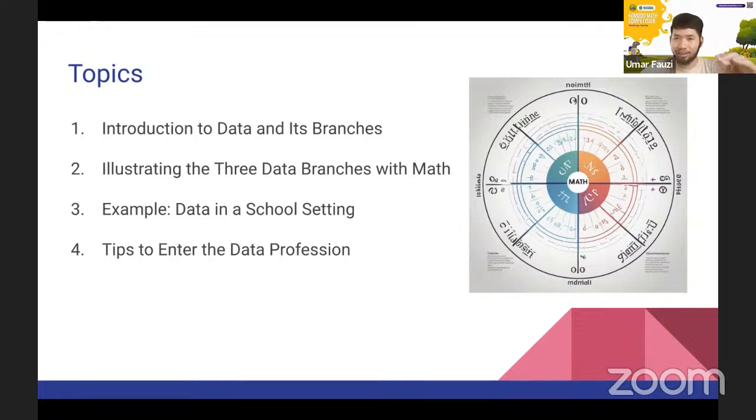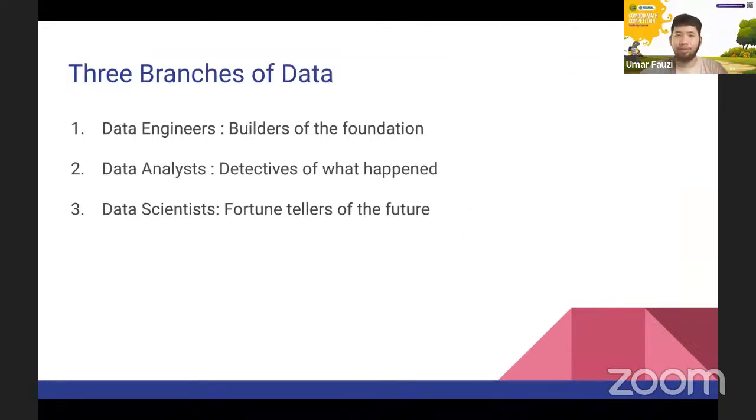Now we understand what data is. Let's see what the branches of professionals that deal with data are. So we have three, actually. It can get more complex than this, but let's simplify things. There are three main branches. The first one, and probably the one that you've never heard of before, is data engineers. What are data engineers?